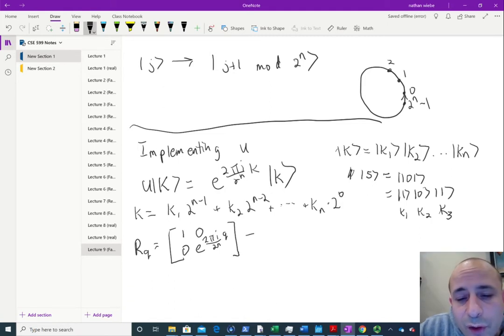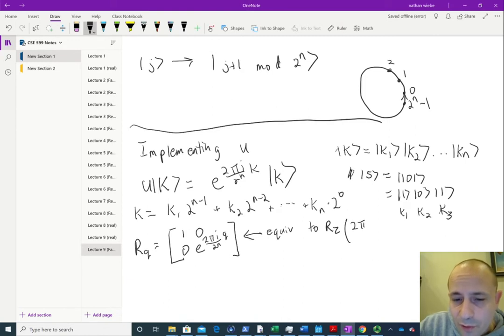Now, this, you'll note, is actually equivalent to RZ of 2 pi q over 2 to the n, up to a global phase.